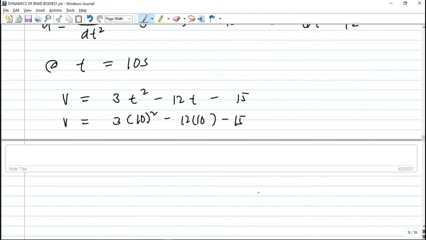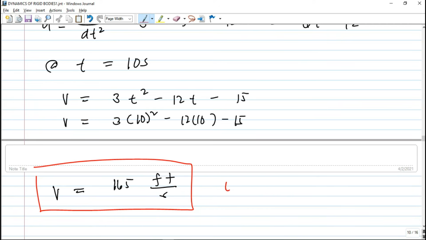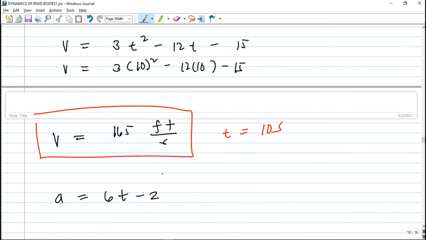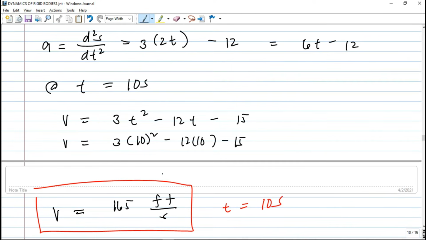So the instantaneous velocity is 165. Since the distance is in feet and the time in seconds, the unit is feet per second. This is the instantaneous velocity at time 10 seconds. For the instantaneous acceleration, let's substitute t: a is equal to 6t minus 12.